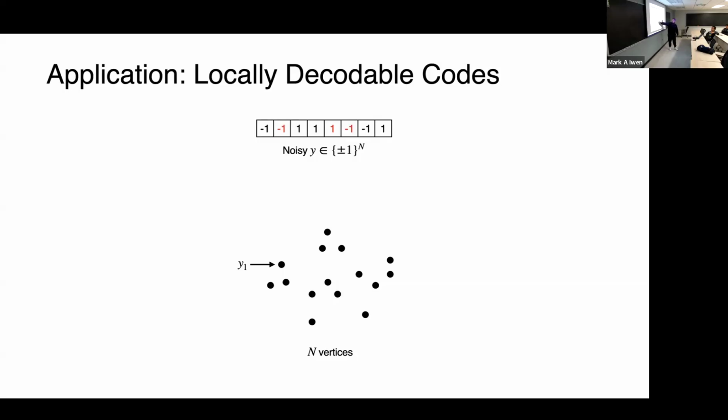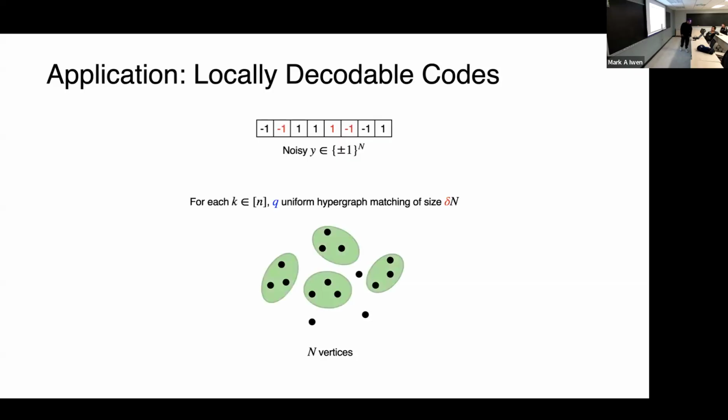So maybe this is the vertex corresponding to the first bit in the message. And I'm going to pick, for each k, a different Q-uniform hypergraph matching of size delta n, which is basically saying I'm going to pick delta n subsets of size exactly 3 that are disjoint. No point repeats in any of these subsets.